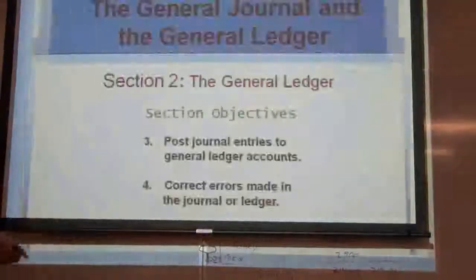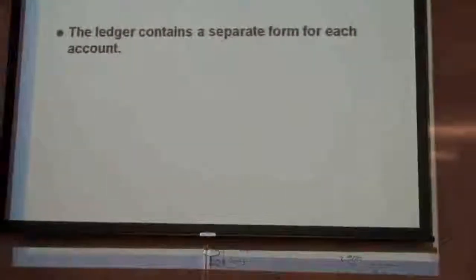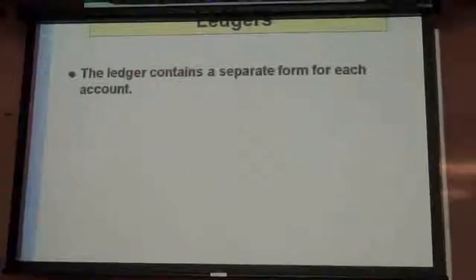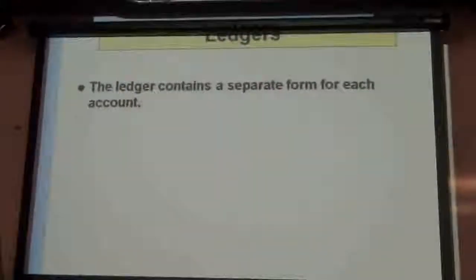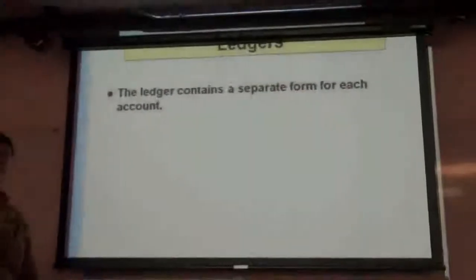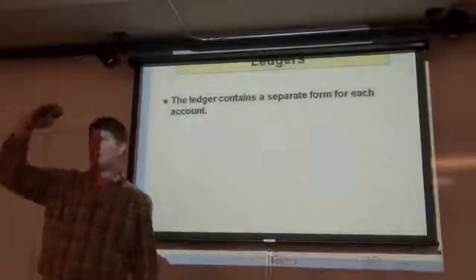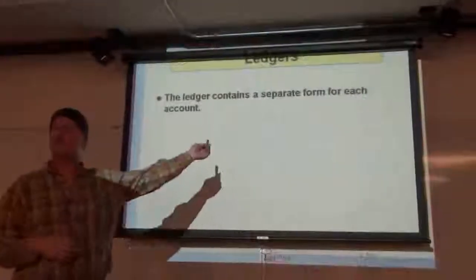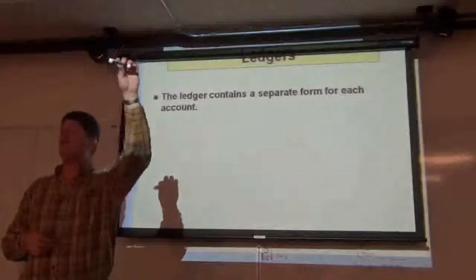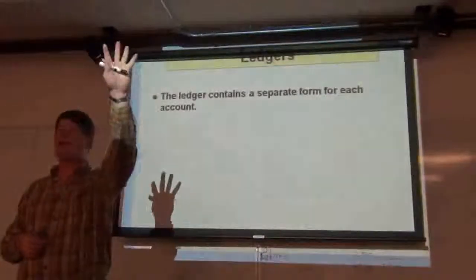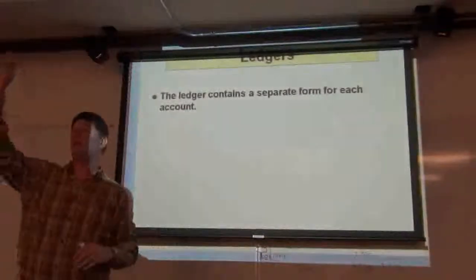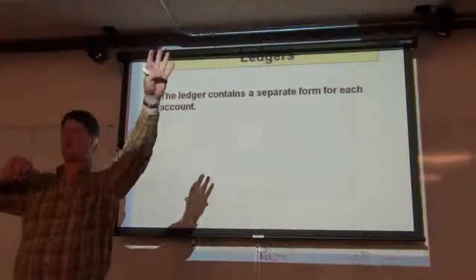So we're going to post those transactions from the general journal into the general ledger. The general ledger is different than the journal, but it's very simple. The journal is date sequential order. The general ledger is account order. So here's one account. It's its own ledger. Here's another account. So you have cash as its own ledger.